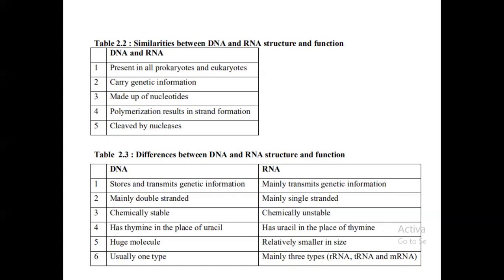This topic is only picking a very small component of the whole wide topic of nucleic acids. When you look at transcription and translation, we're going to see nucleases and other enzymes which help in the formation of DNA and RNA. But something to note is that they are cleaved by nucleases. This will be clearer when we see the enzyme coming in. Cleaved means cutting. Have I answered the question? Yes, sir.